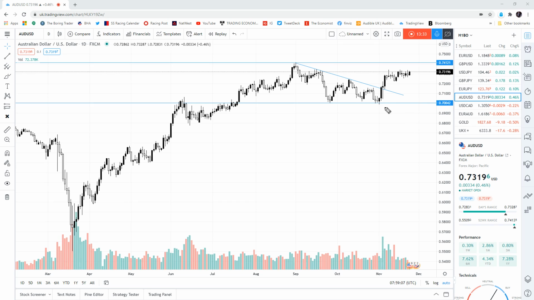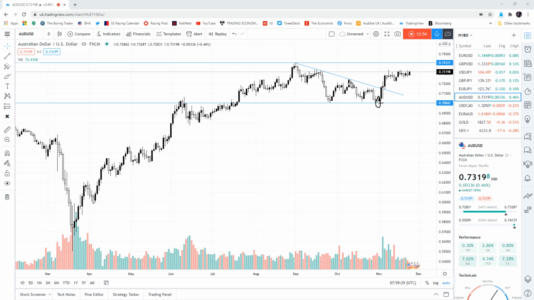Now, this is pretty important because there was a minute false breakout just below 0.70, and once we closed above with this pretty nice bullish candle, this breakout looked like it was going to happen, and eventually we got there.